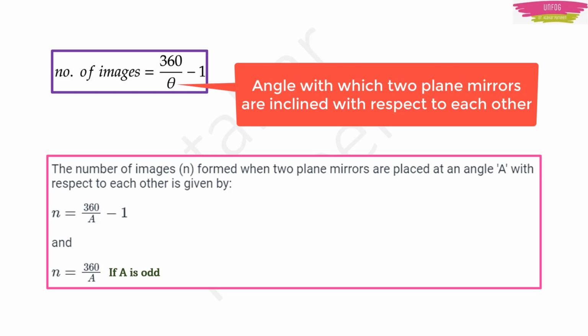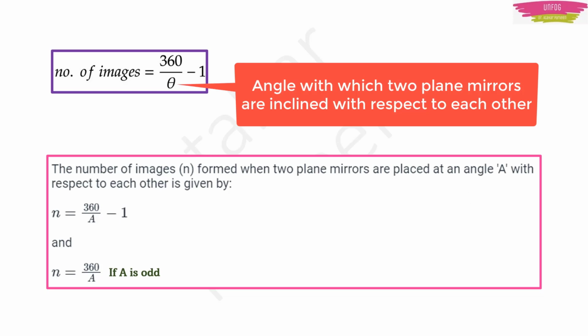If that angle theta is even number, then without any tension you can use n is equal to 360 upon theta minus 1 or 360 upon A minus 1. But if that angle is odd number, then you have to use the formula n is equal to 360 upon A. Okay, I hope you are getting.